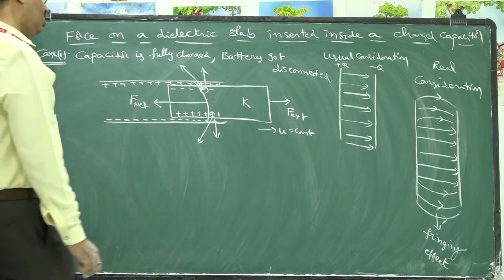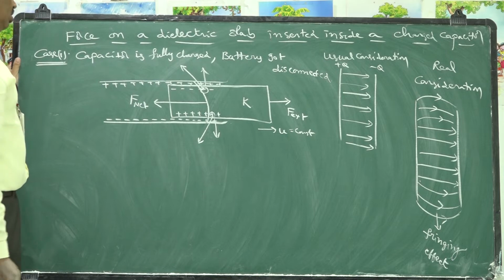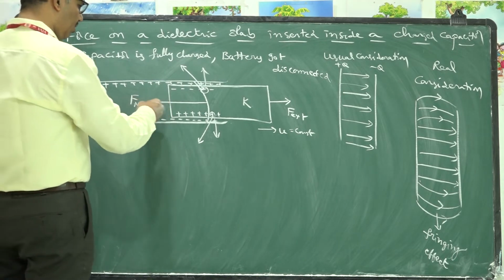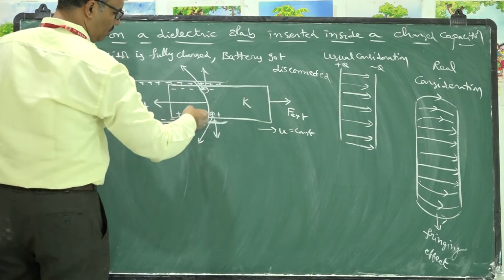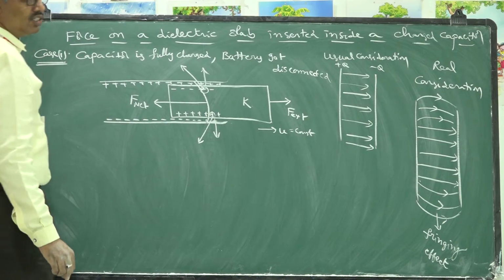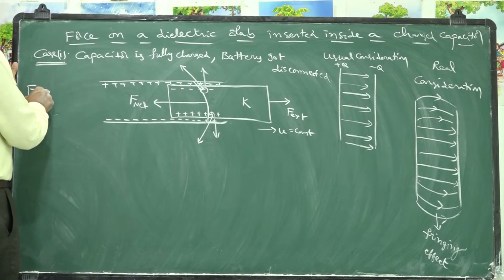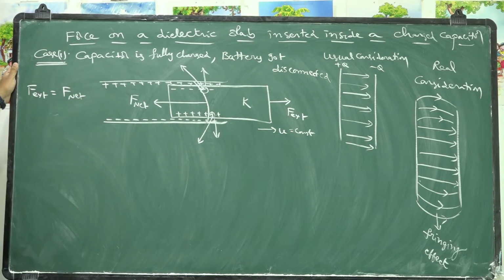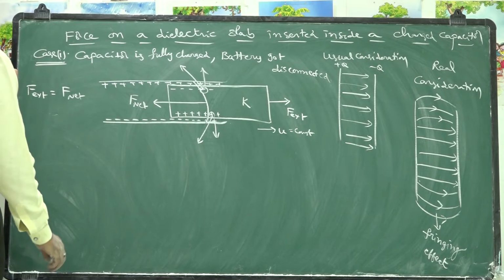In order to provide the constant speed, the net force should be 0. That means there is a net force in this direction which is exactly equal in magnitude to the applied force, which makes the dielectric to move with constant speed. That means external force what I am applying must be equal to net inward force. How to calculate external force?